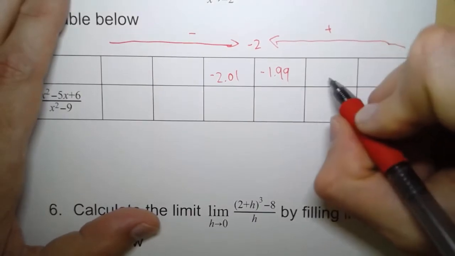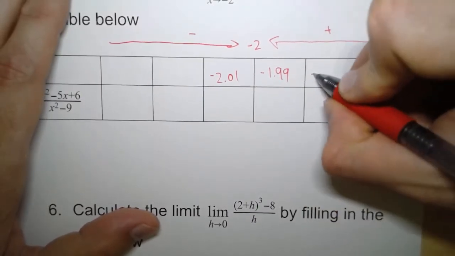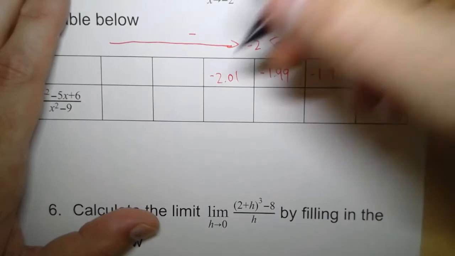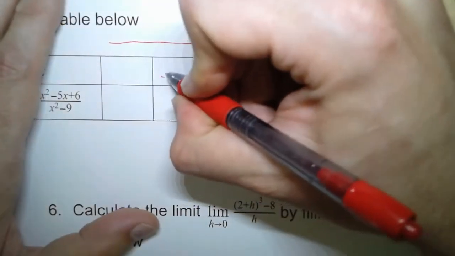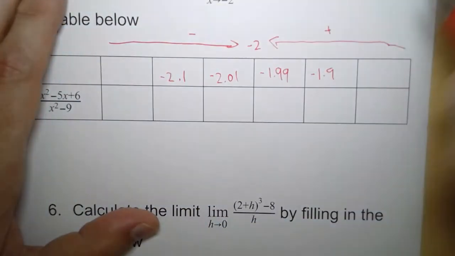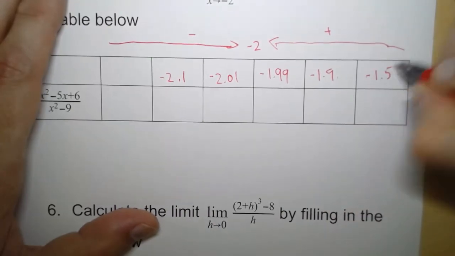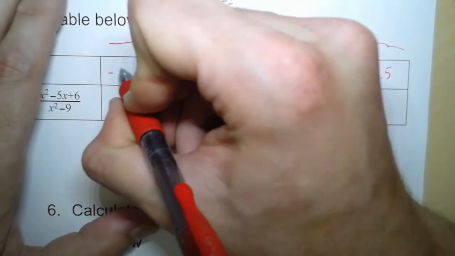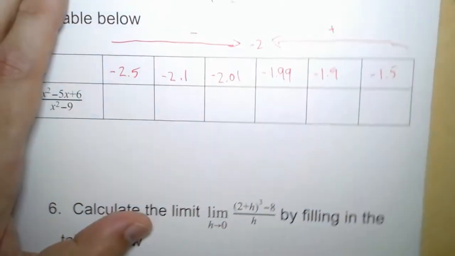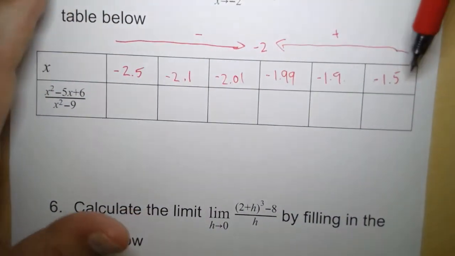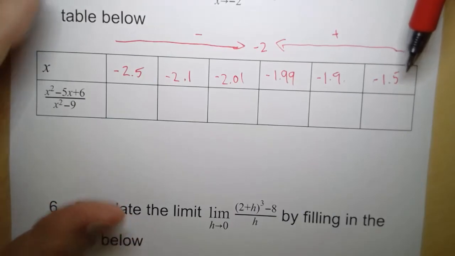And now we need a number that's just a little bit bigger than that. So -1.9, and back this way, -2.1. And as we keep going this way, -1.5, -2.5. Now keep in mind, these are not the only numbers you could use.